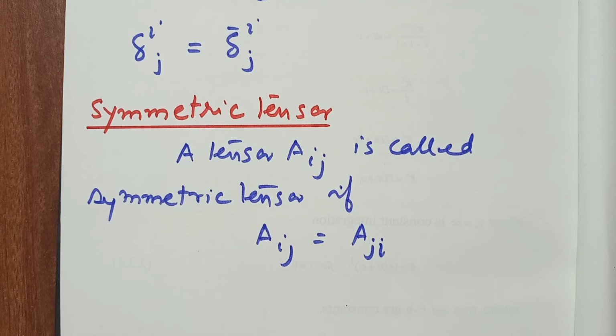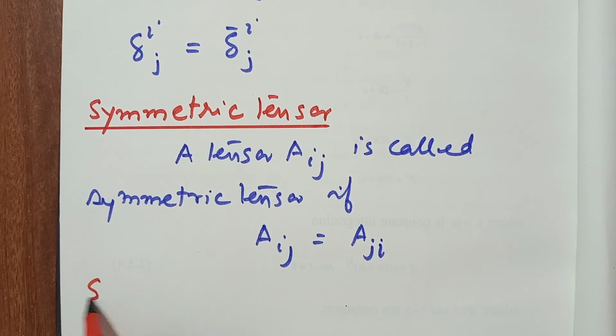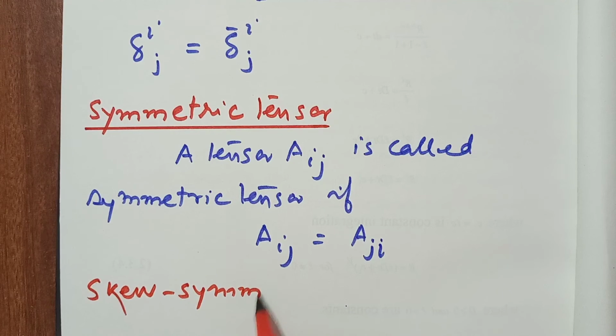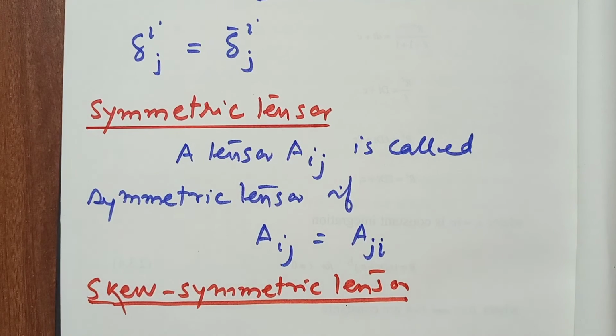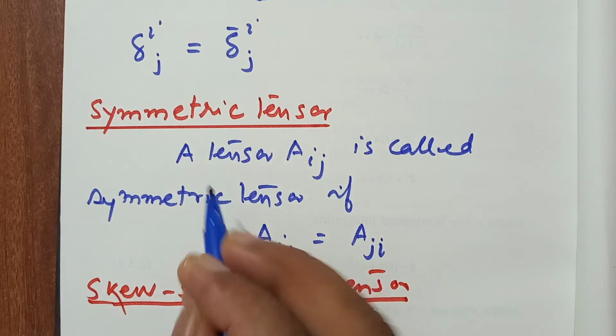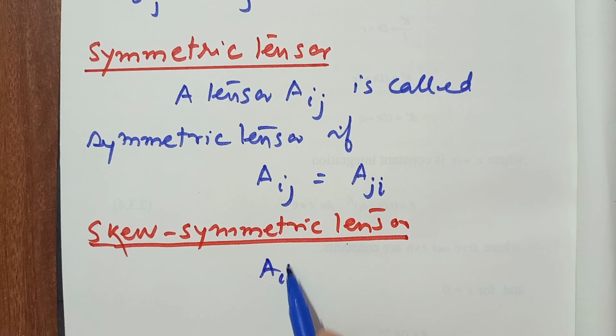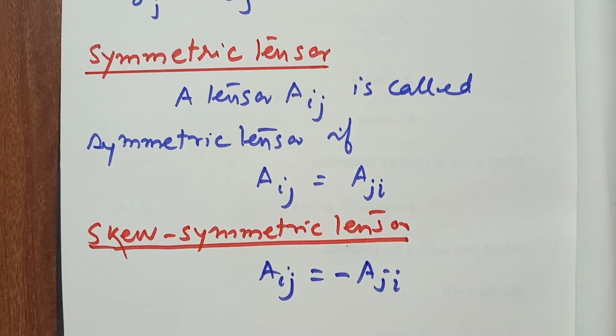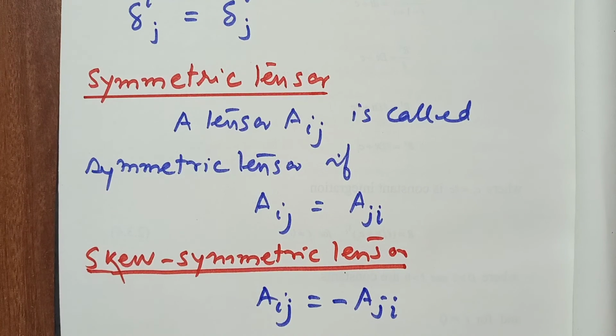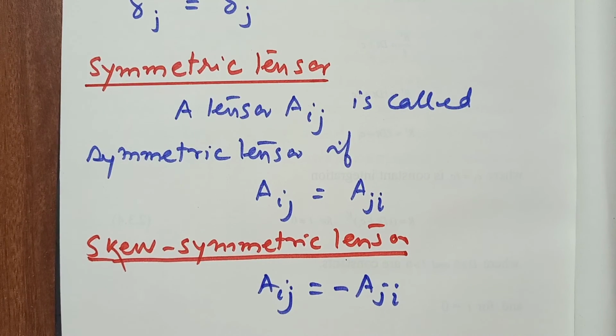And similarly, skew symmetric tensor. What is a skew symmetric tensor? A tensor A i j is called a skew symmetric tensor if A i j is equal to minus A j i. The definitions of symmetric and skew symmetric tensors are very easy.